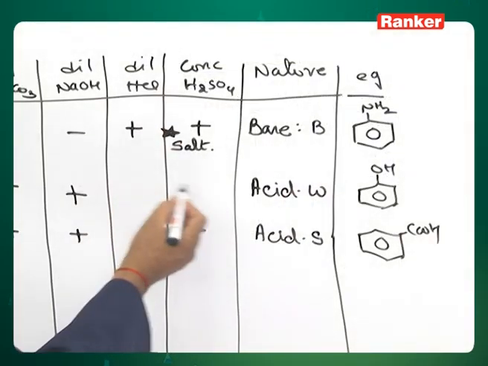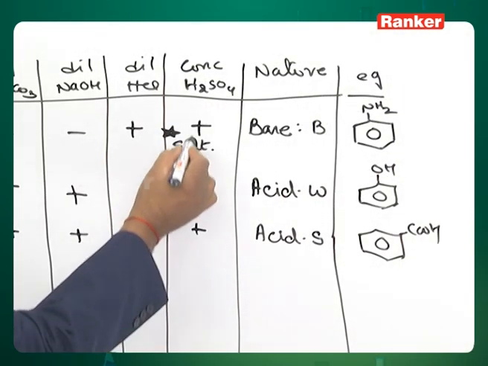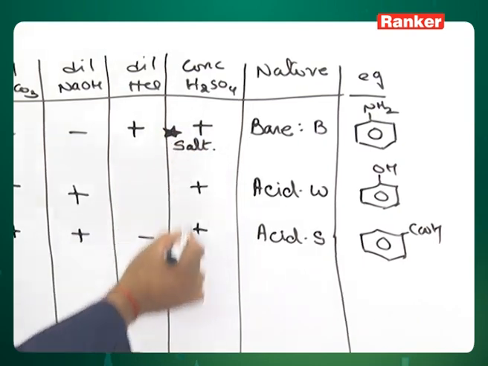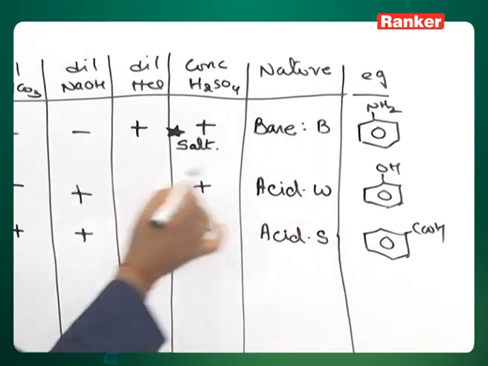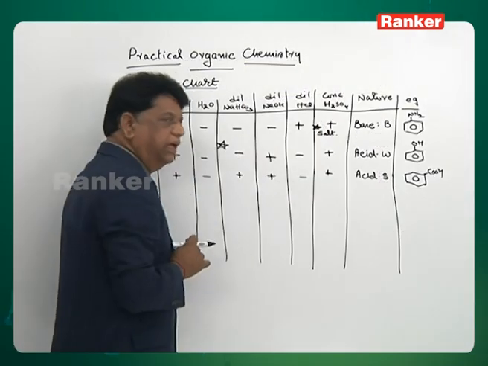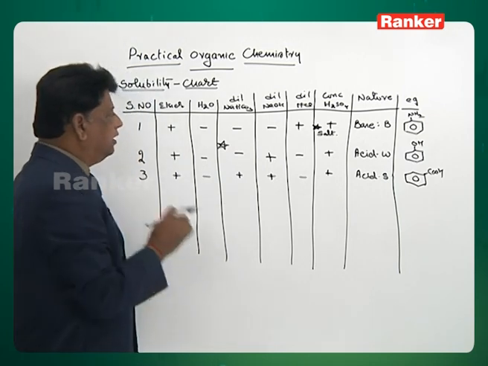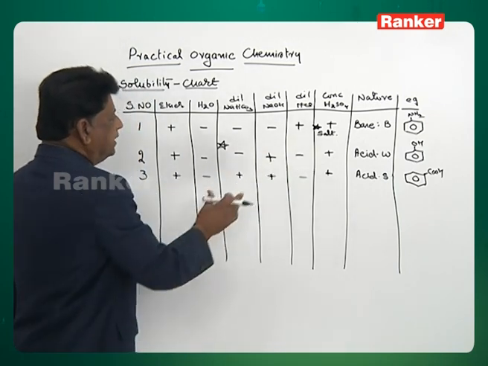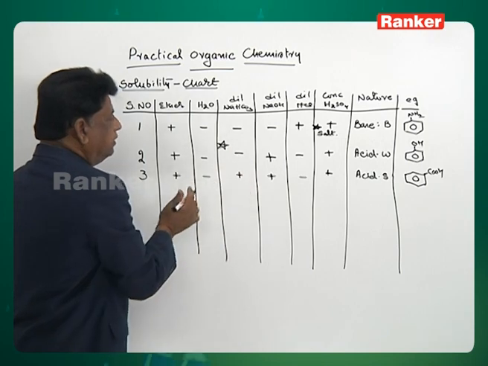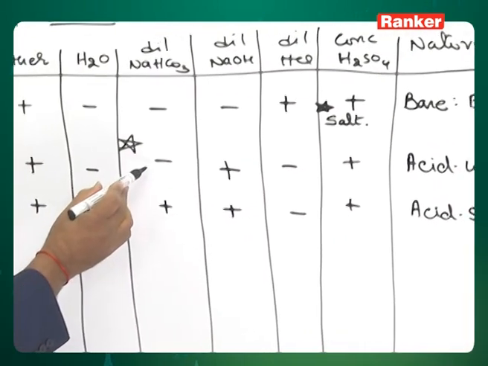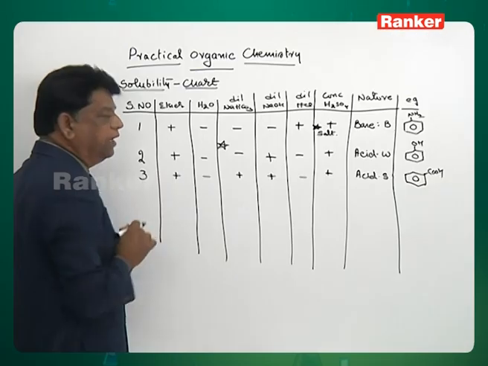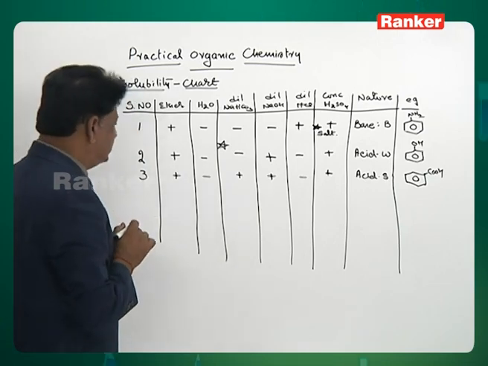Now coming to these two, all are soluble in sulfuric acid, you need not check, therefore this is plus. But because it is an acid, it is insoluble in HCl. So acids are insoluble in acids, soluble in bases, but because it is a weak acid, it is not soluble in bicarbonate. That is very specific.